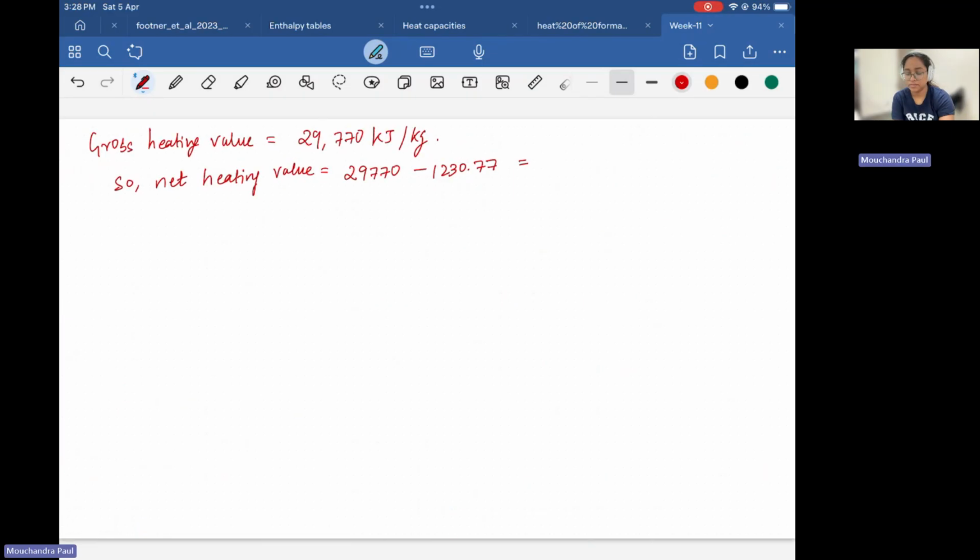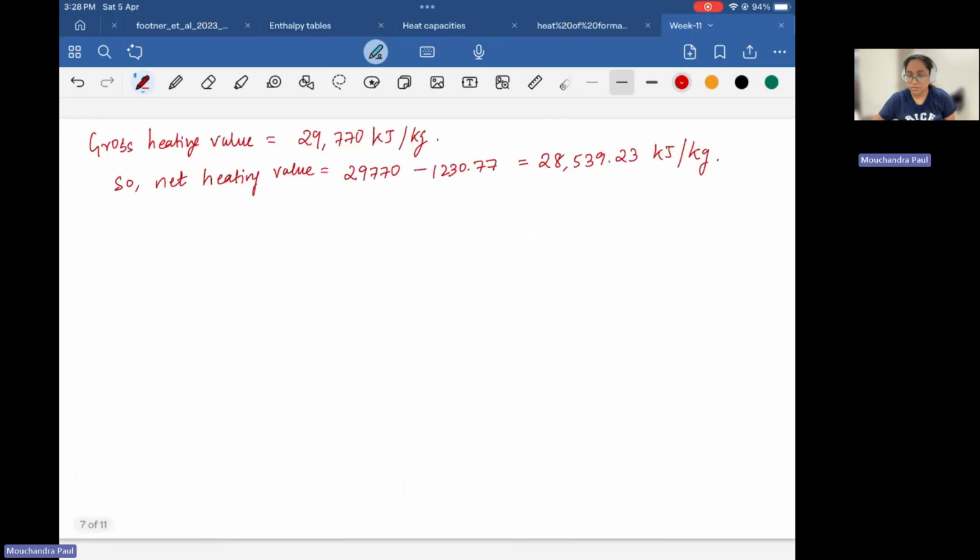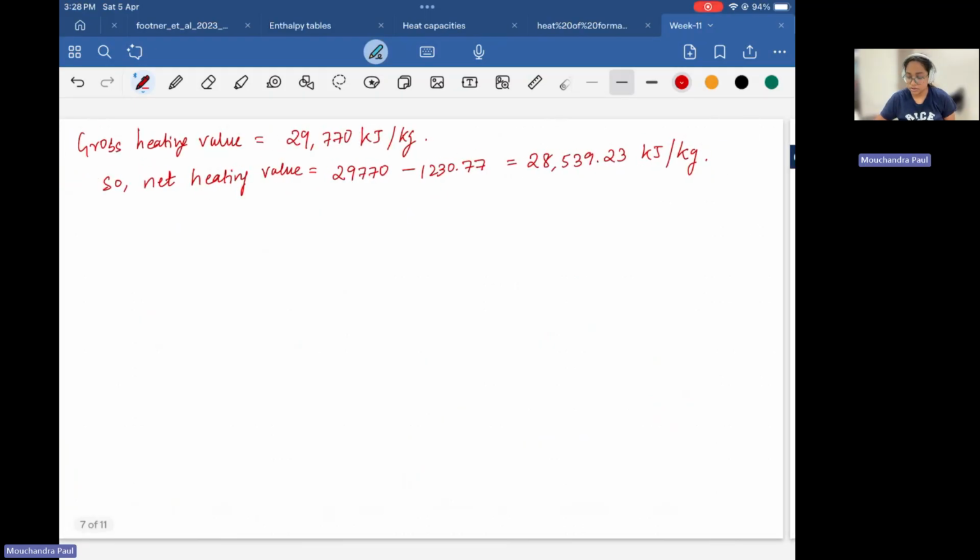Let's calculate. It is 28,539.23 kilojoule per kg. All right, so this is the net heating value. Sounds simple, right? Now let's move on to the next question.